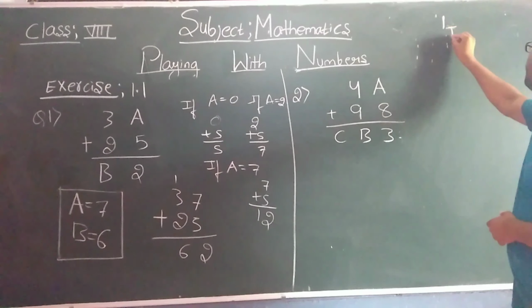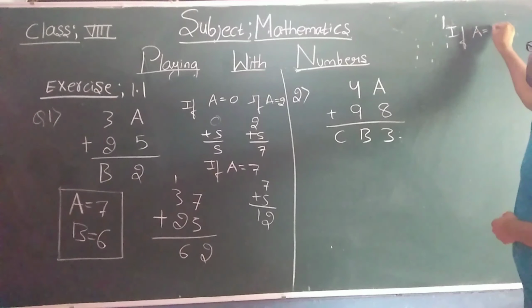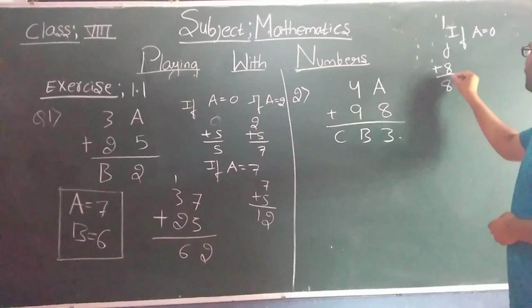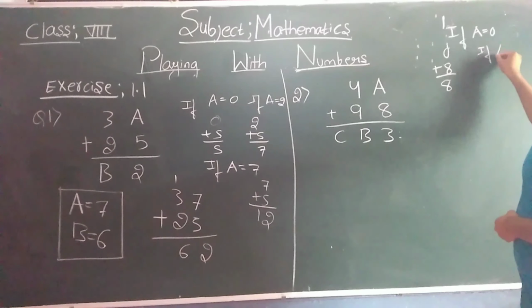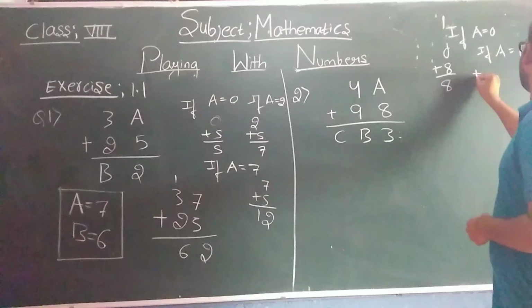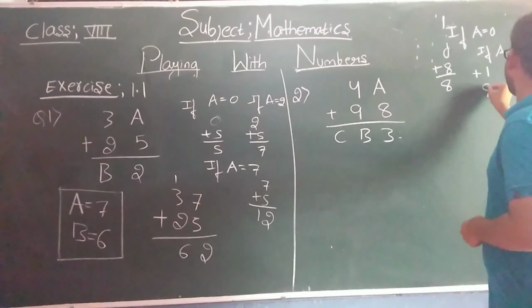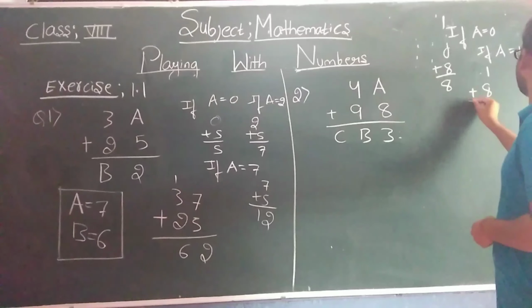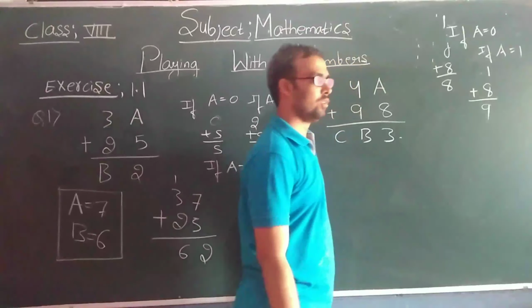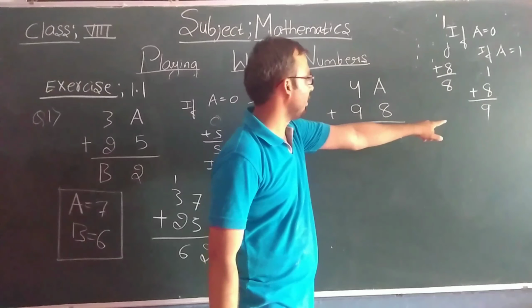If A is equal to 0, then 0 plus 8 is 8. If A is equal to 1, then 1 plus 8 is 9.